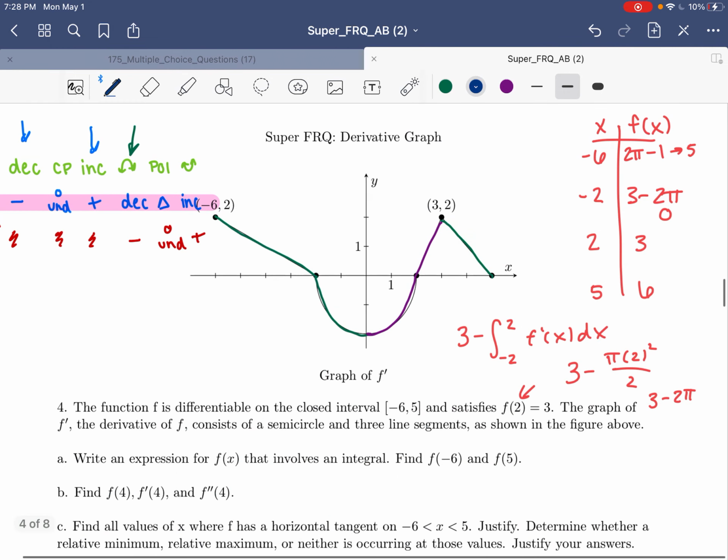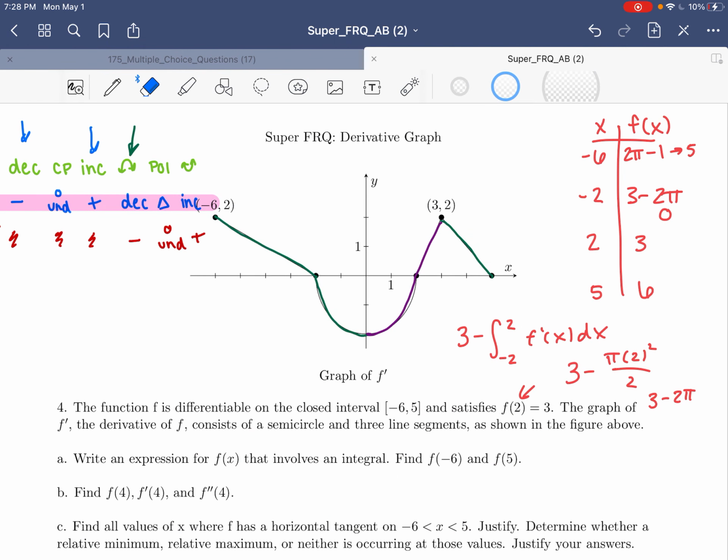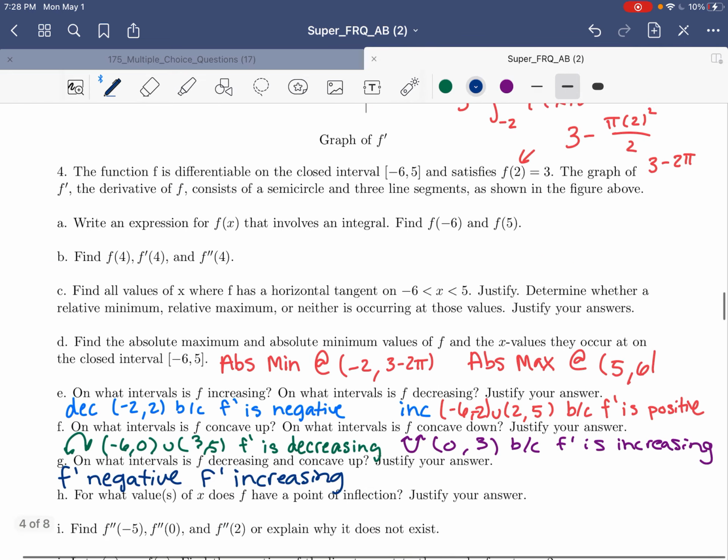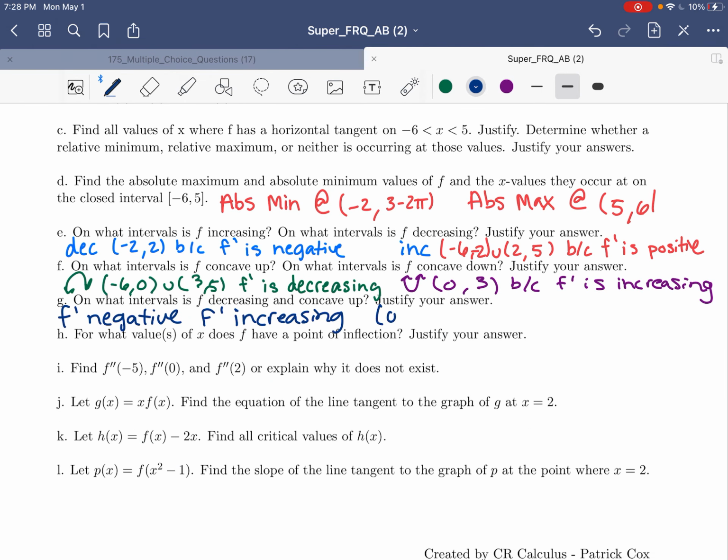So let's find a place where f prime is negative and increasing. Looking at this, negative and increasing has to be only this interval, from 0 to 2. And then we say because f prime is negative and increasing.